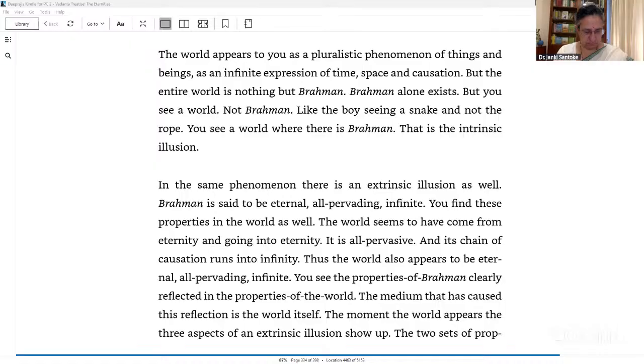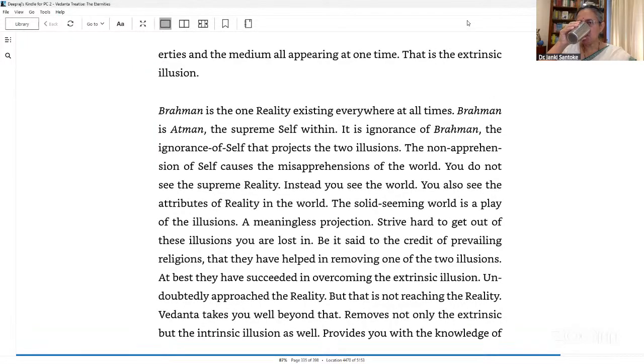You see the properties of Brahman clearly reflected in the properties of the world. The medium that caused this reflection is the world itself. The moment the world appears, the three aspects of an extrinsic illusion show up: the two sets of properties and the medium, all appearing at one time. That is the extrinsic illusion.